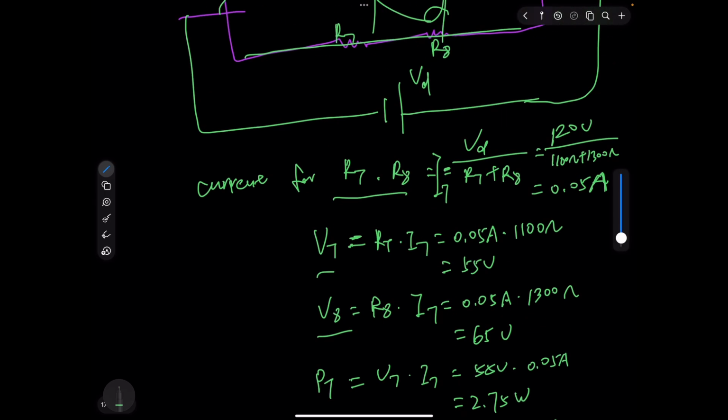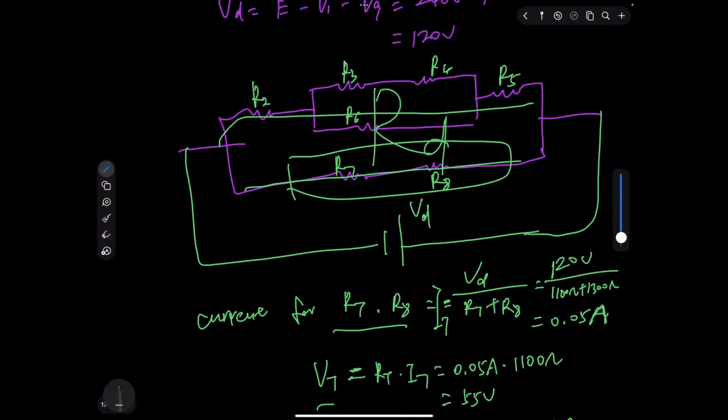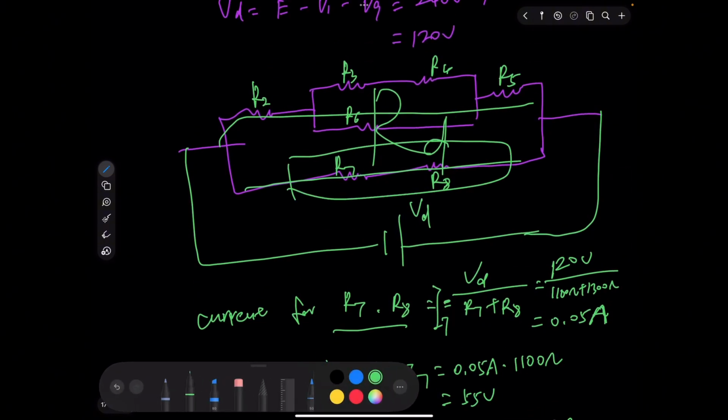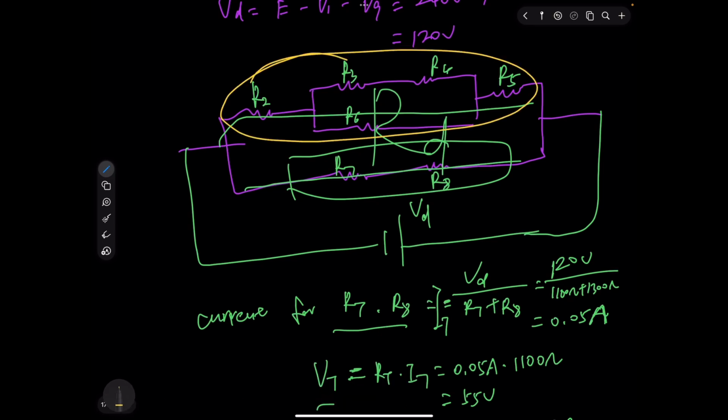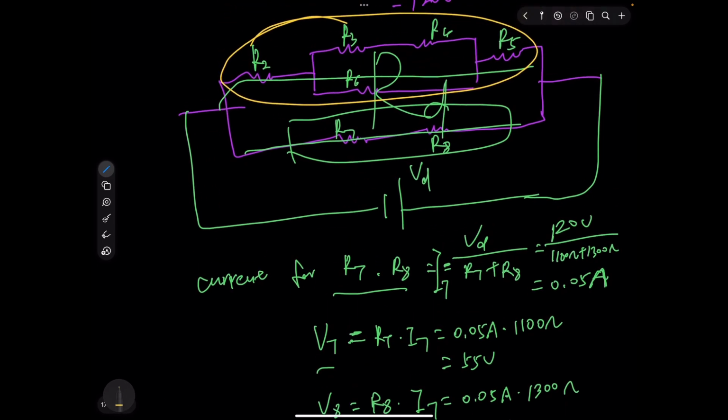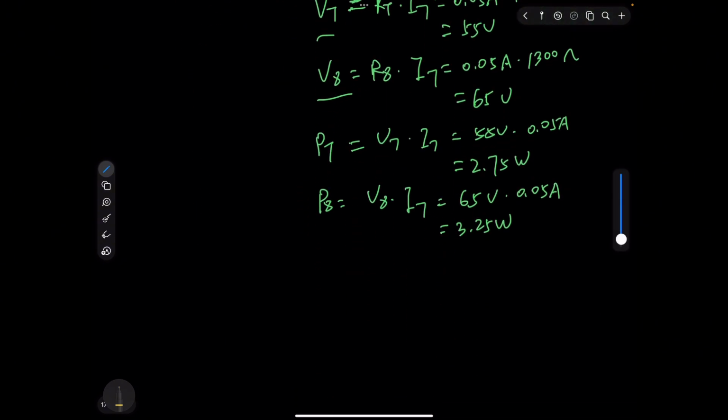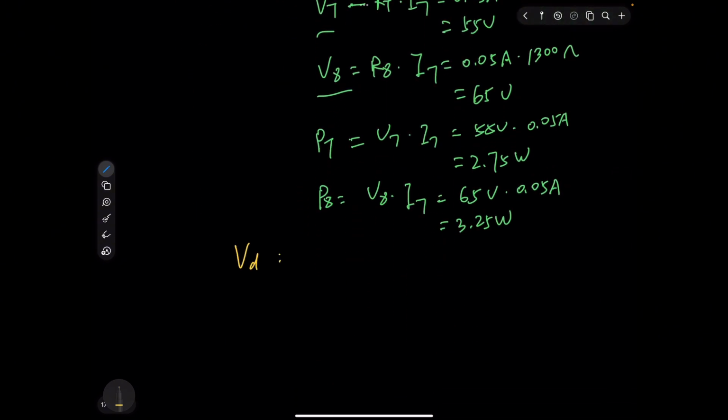Now we get the bottom part. Just need to look at this part now. So we get a VD. If we use VD, the resistance is this R2, this is R3, R4, R5, R6.